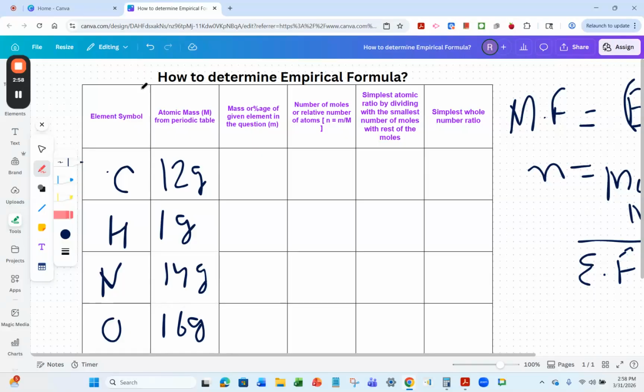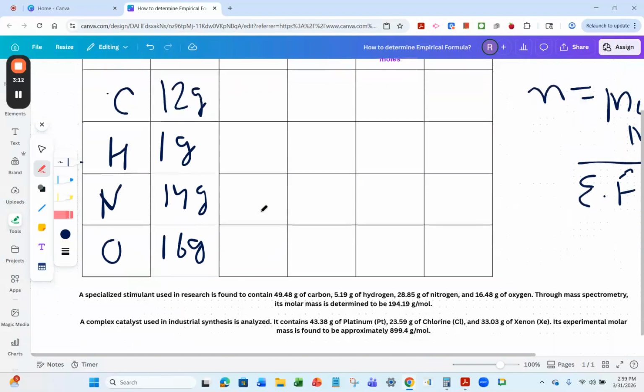In the third column, sometimes the amount is given in terms of percentage, sometimes it's the mass. So I use the letters too, so that we have a formula. It's lowercase m for the given mass and the standard mass is uppercase M. So it's clear that carbon is 49.48 grams, hydrogen 5.19 grams, 28.85 grams nitrogen, and 16.48 grams of oxygen.